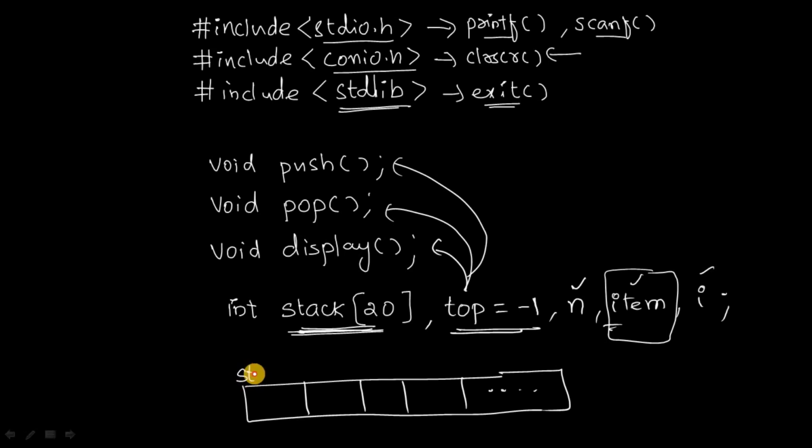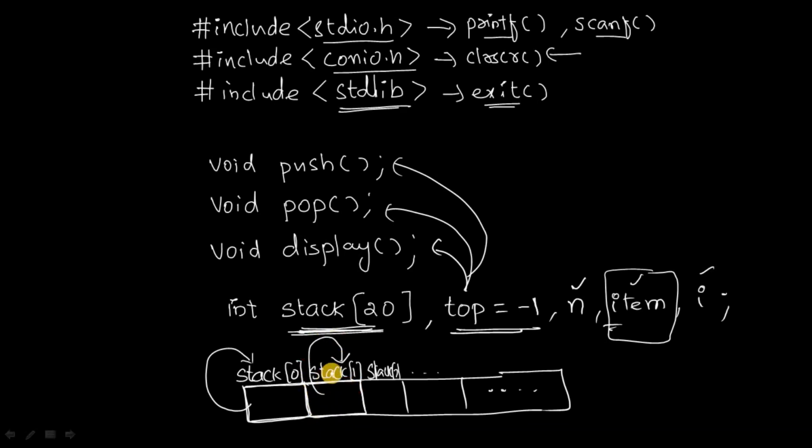Stack of 0, right? Second element is stack of 1. Third element is stack of 2 and so on. So I can refer to this box by the name stack of 0, and the second box with the name stack of 1.